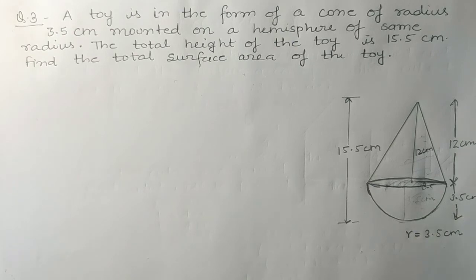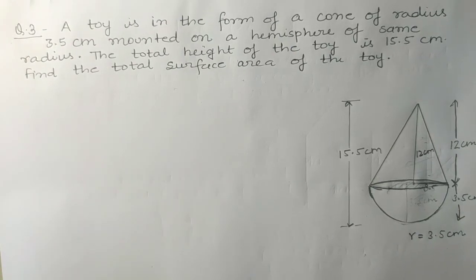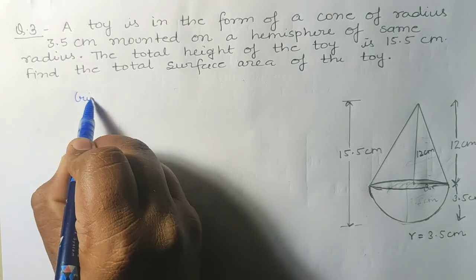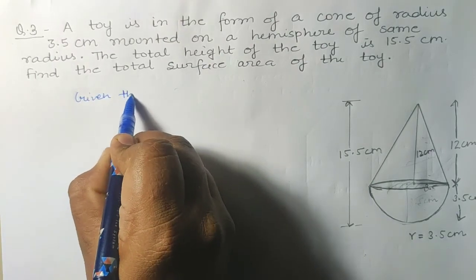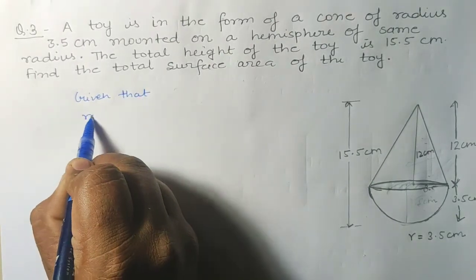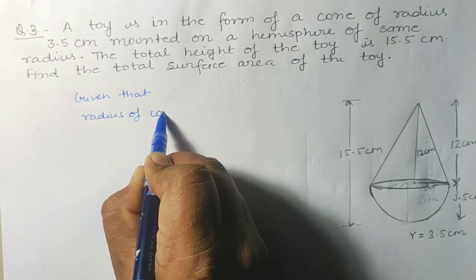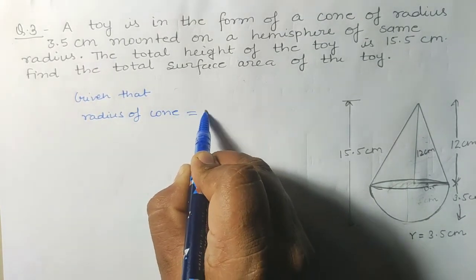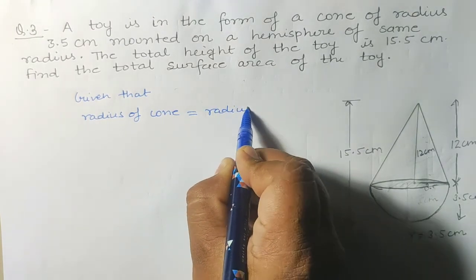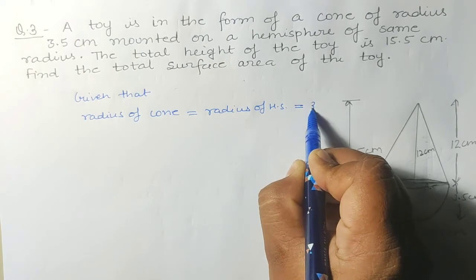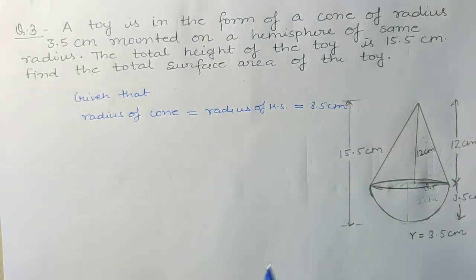Okay, so firstly we'll write that how we have calculated the heights of the figure. Okay, so it was given that radius of cone is equal to radius of hemisphere is equal to 3.5 centimeter.